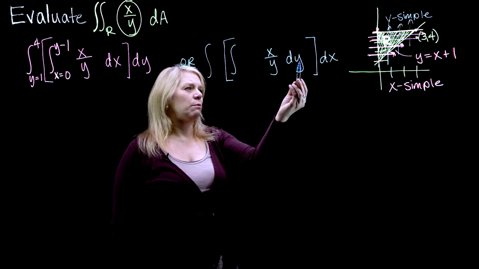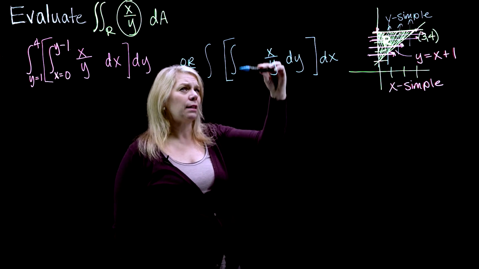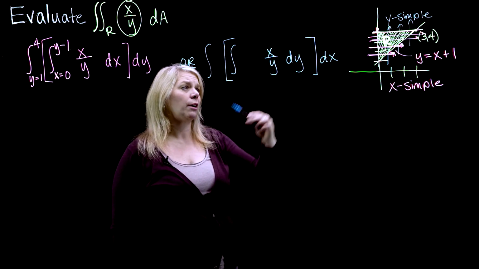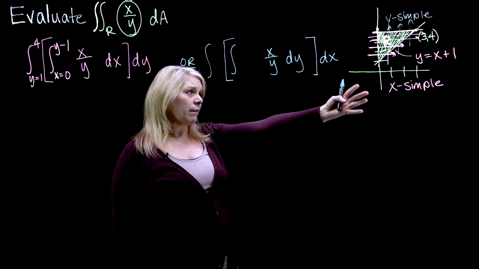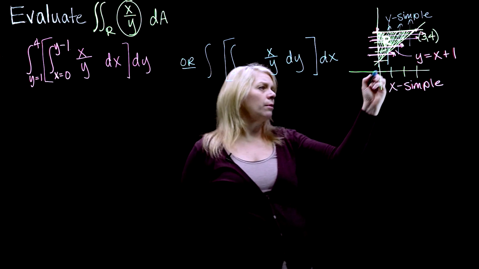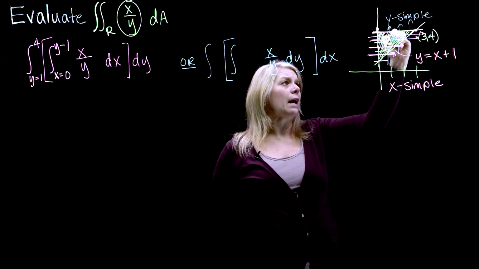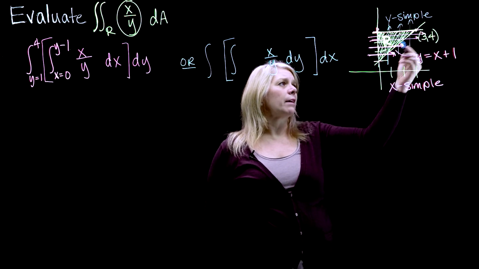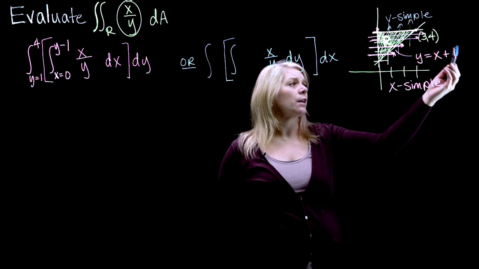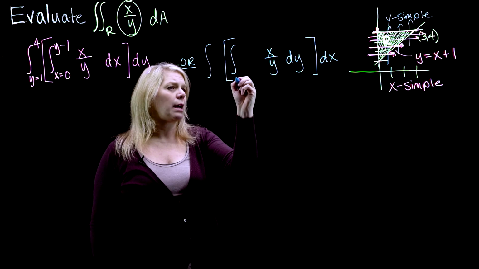So my differential dy here, notice I put my differentials first, and then I'm going back in and filling in my limits of integration. So I'm going to go back to our original region. I'm going to think about going through the region in the direction of increasing y. When you go through that region in the direction of increasing y, you enter at y equals x plus 1.